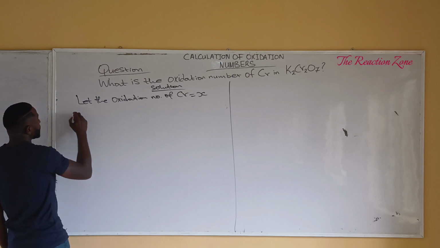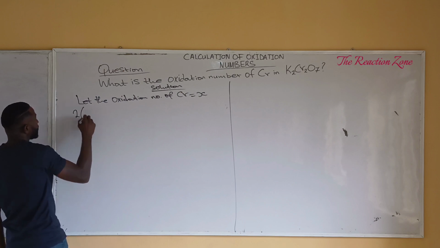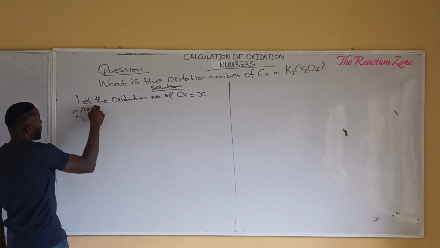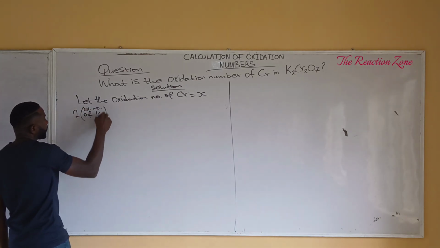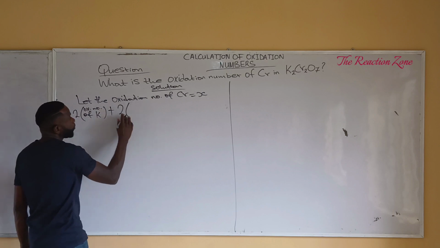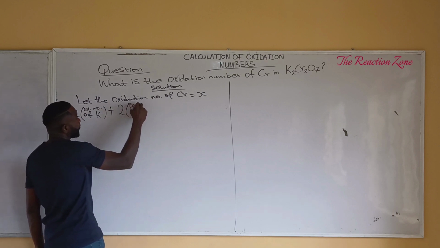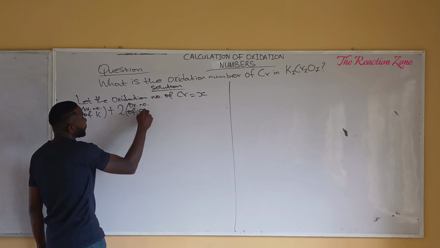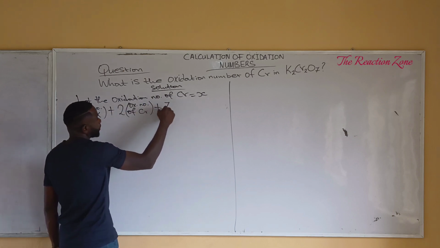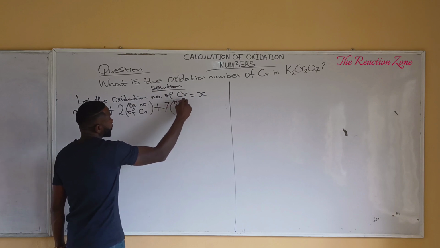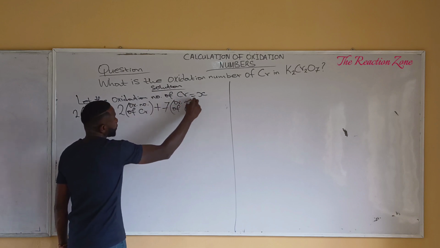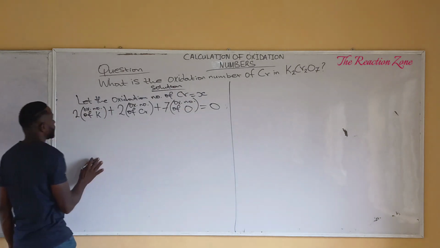So what this means is that 2 multiplied by oxidation number of potassium plus 2 multiplied by oxidation number of chromium plus 7 multiplied by oxidation number of oxygen, everything must be equal to 0.